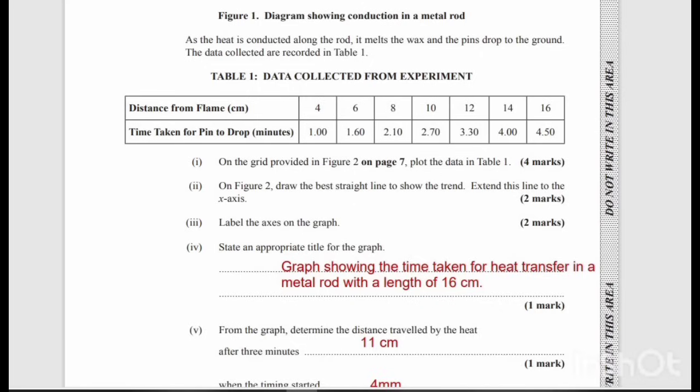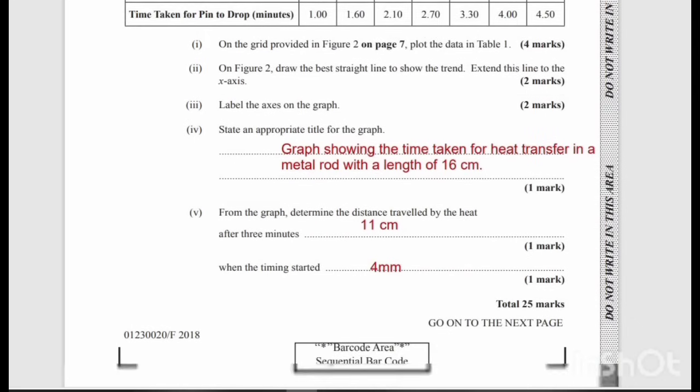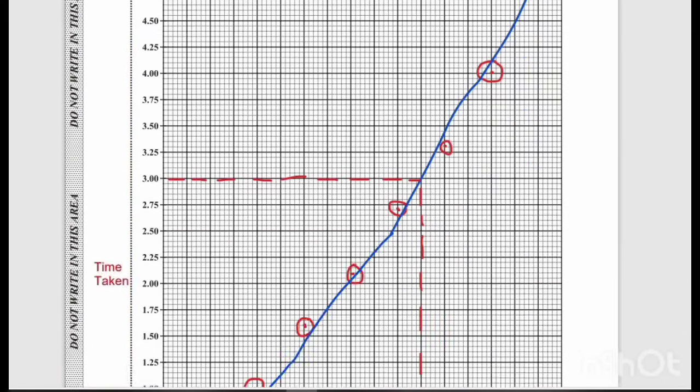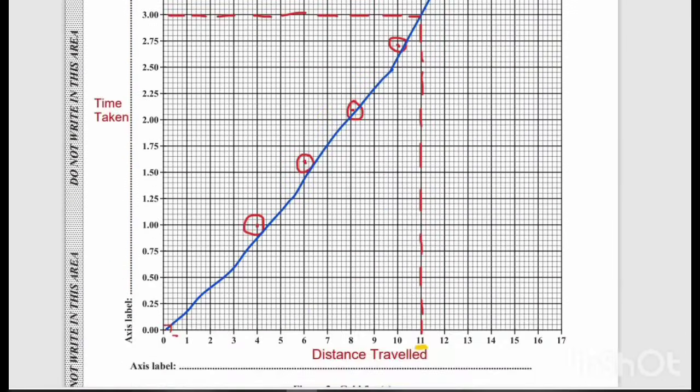All right, so let's go to the grid. We're going to plot the graph using the pieces of information. I think the safest thing for us to do is label the axes on the graph. So looking at the data, which piece of data would you put on either axis of the graph? So let's go to the graph on page 7. All right, and as you would have known, I plotted it for you.